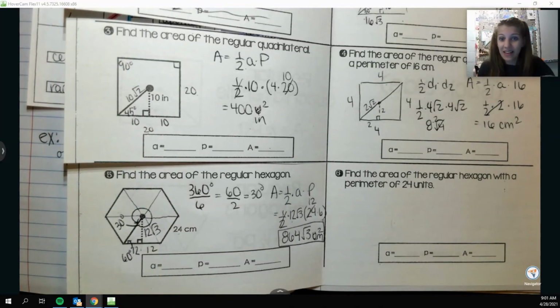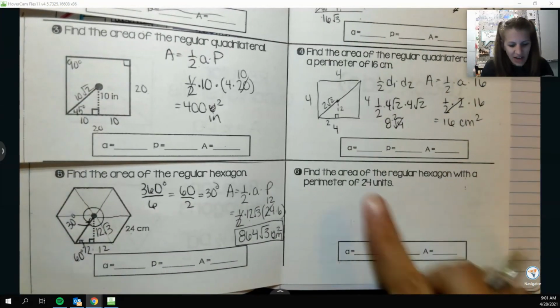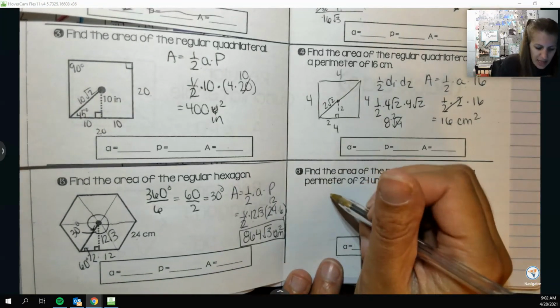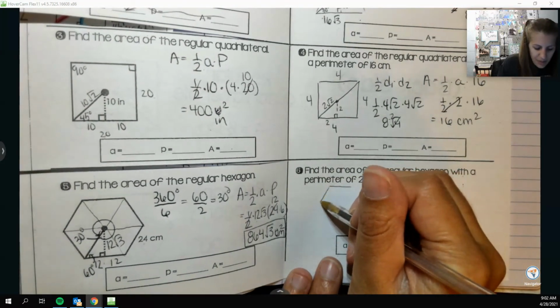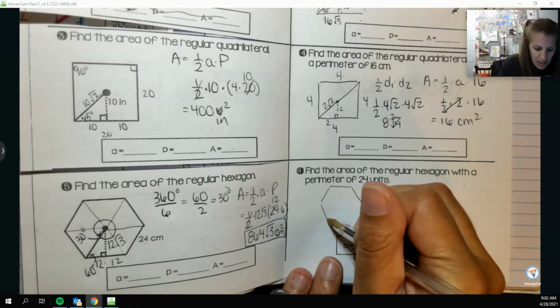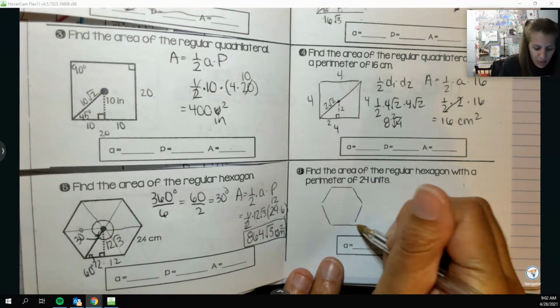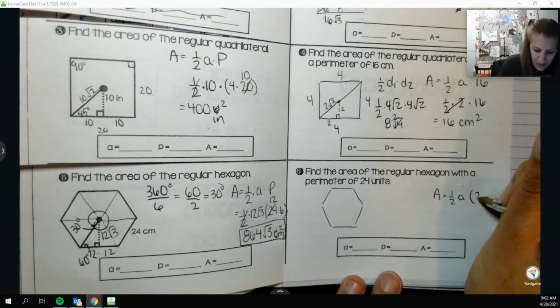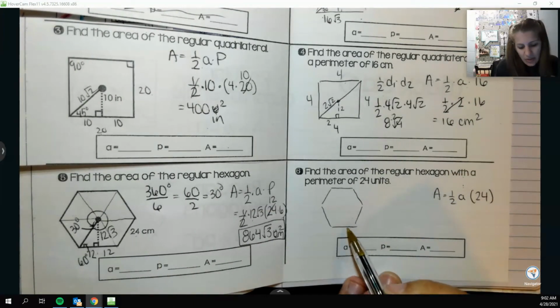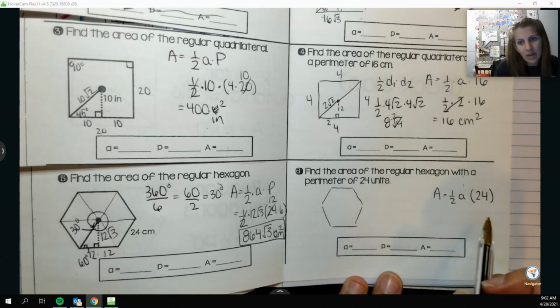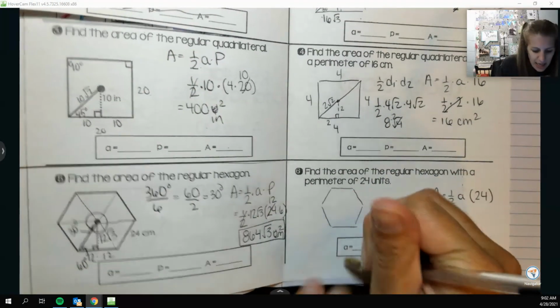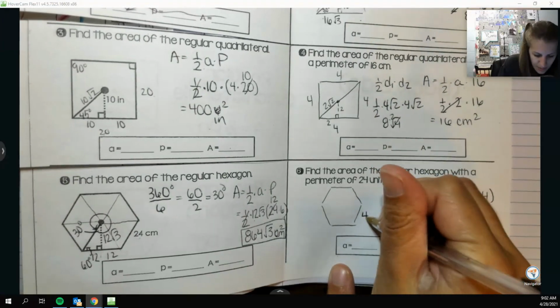Okay, let's do another hexagon. Find the area of a regular hexagon with a perimeter of 24 units. So, like we did with all these other ones, because the perimeter is 24, that's great. But I do need to know each individual side, so I can split that 24 up equally between all 6, meaning that each side is 4.